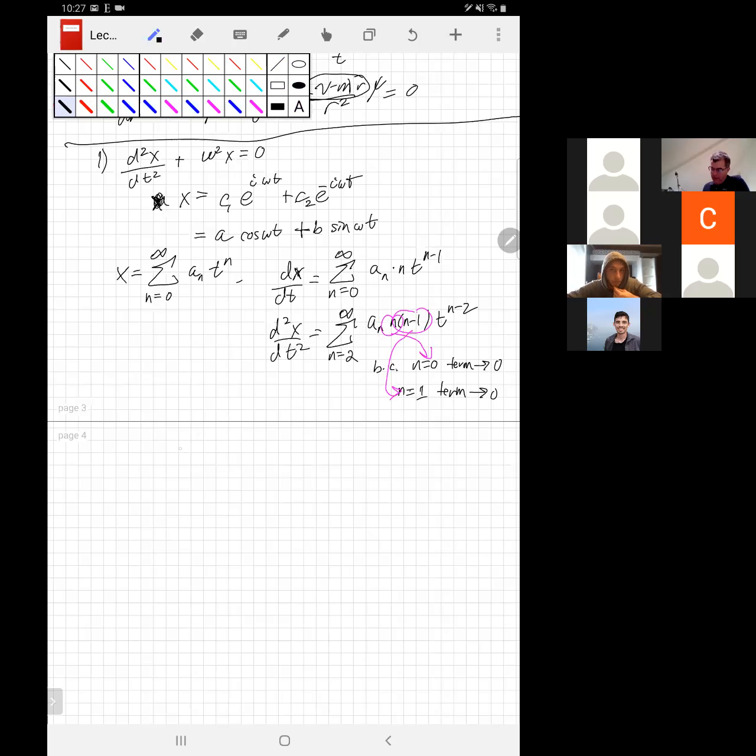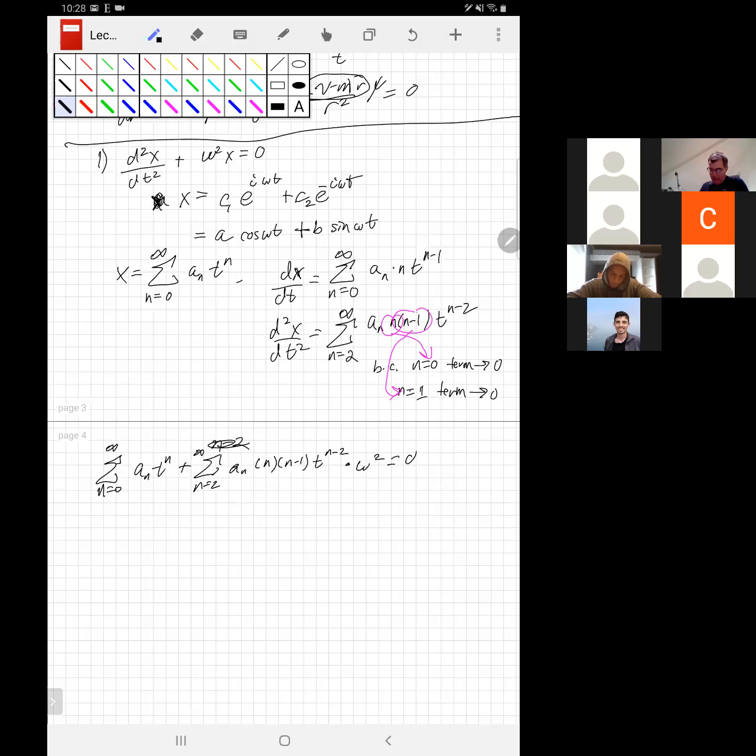Then I'm going to say, all right, n minus 2. I don't like having different things. I could write this if I wanted to as the sum from n equals 0 to infinity of a_n t^n plus the sum from n equals 2 to infinity of a_n n(n minus 1) t^(n minus 2) times omega squared equals 0.